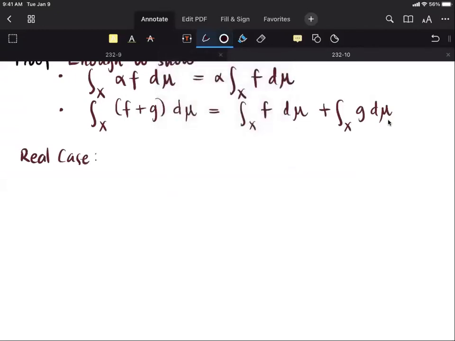Let us first consider the real case. And take, at the moment, a non-negative scalar alpha. Then the positive part of alpha f is the same as alpha times the positive part of f. And this is also valid for the negative parts.